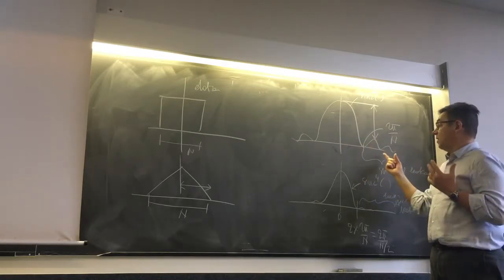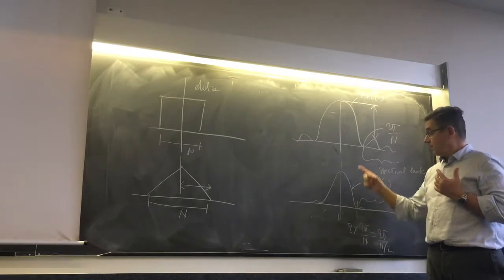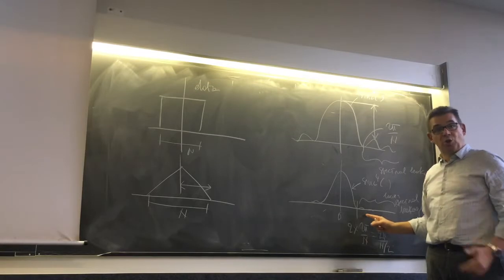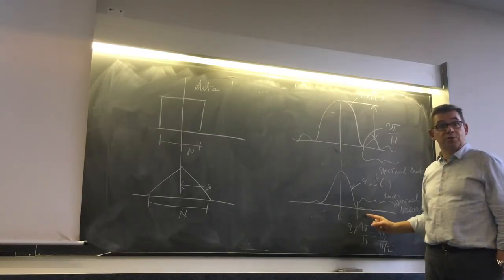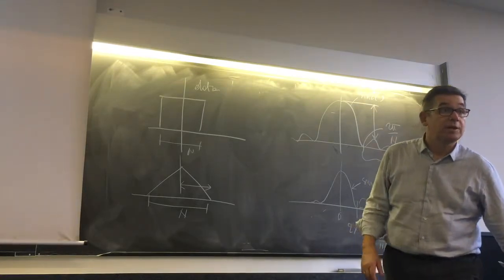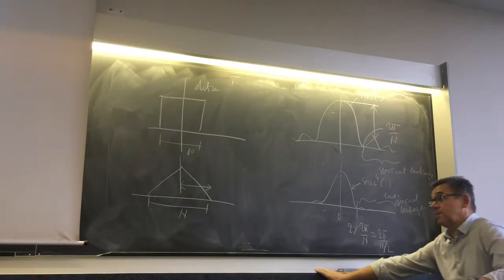But on the other hand, you have a spectral leakage. If you can tolerate the transition, but the spectral leakage is the annoying part, then you can choose to cut the window with a triangular shape. So it depends on the case.